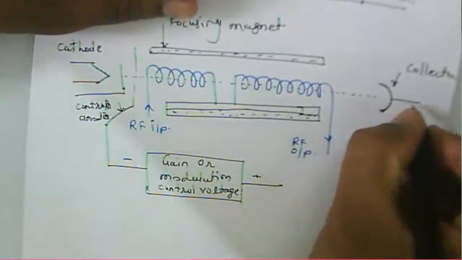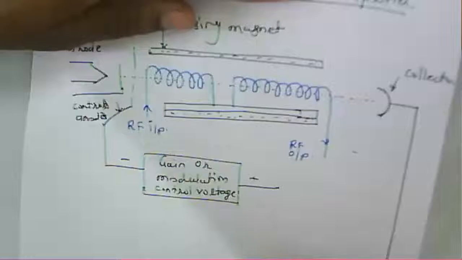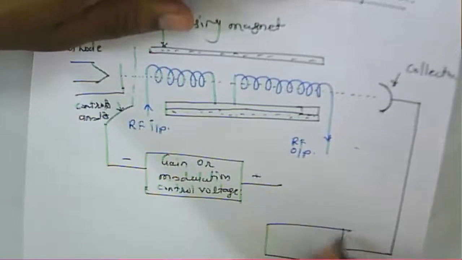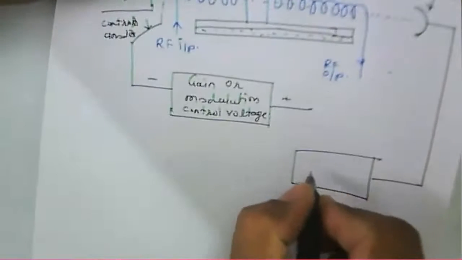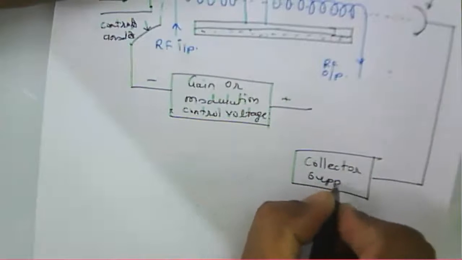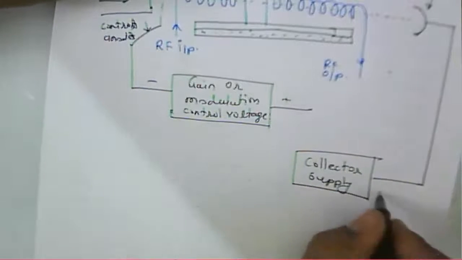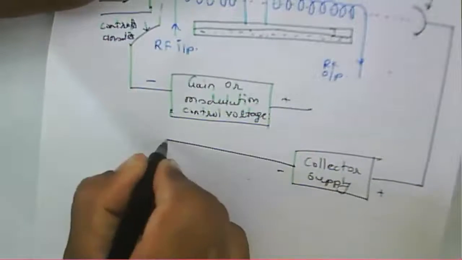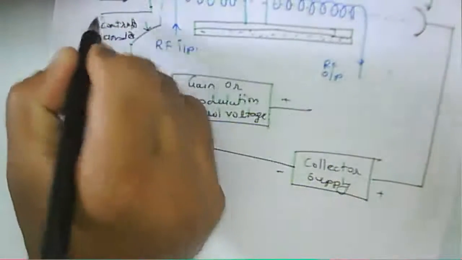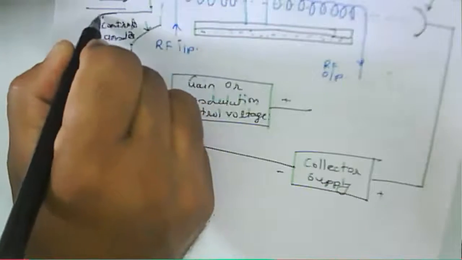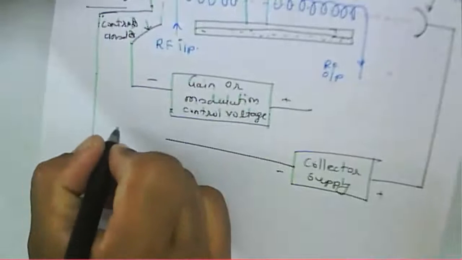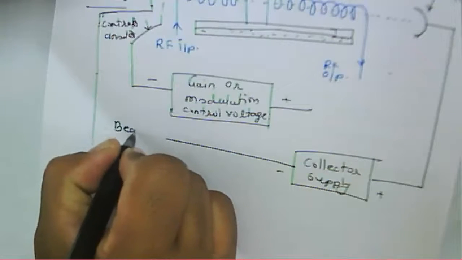The electrons are collected at the collector. This one is your collector supply. Then the beam voltage is applied, so we have a beam supply.